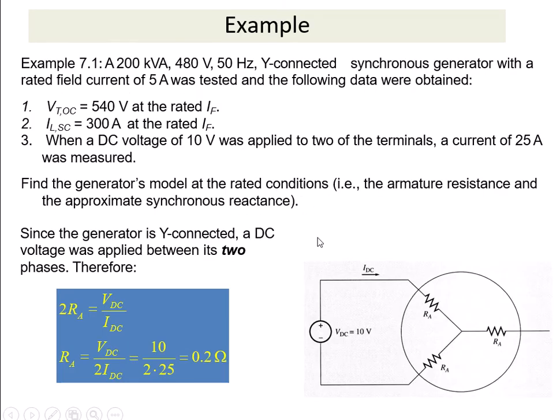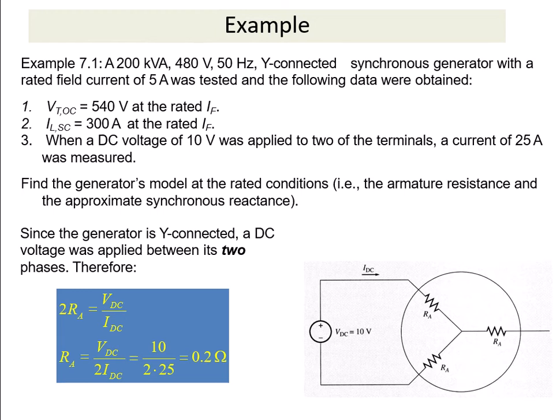So now we take one example of how we can find the parameters. A 200 kVA, 480 volt, 50 hertz, star connected synchronous generator with a rated field current of 5 ampere was tested, and the following data were obtained. VT open circuit is 540 volt at the rated IF, and IL short circuit is 300 ampere at the rated IF.